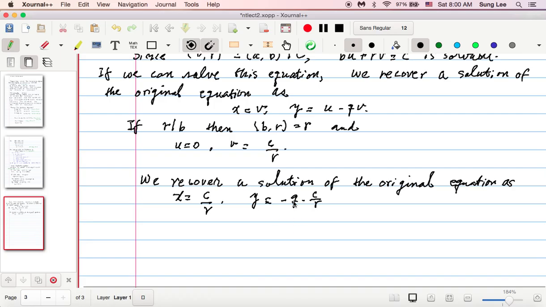Both x and y are, of course, integers. Okay, good.